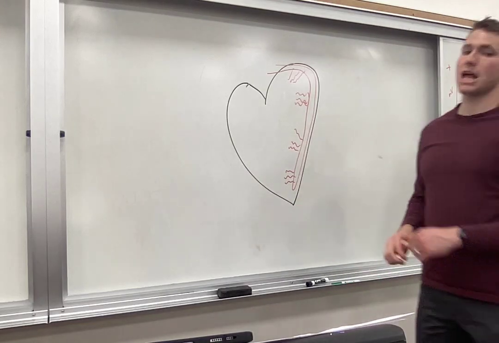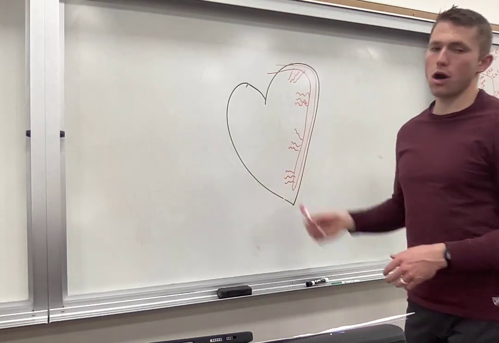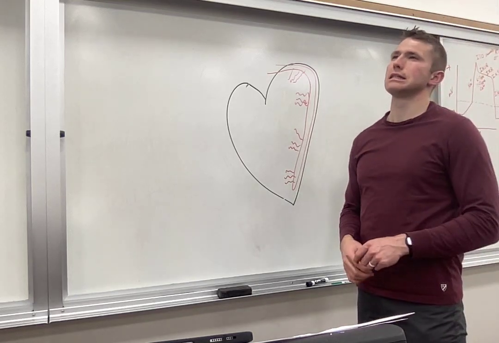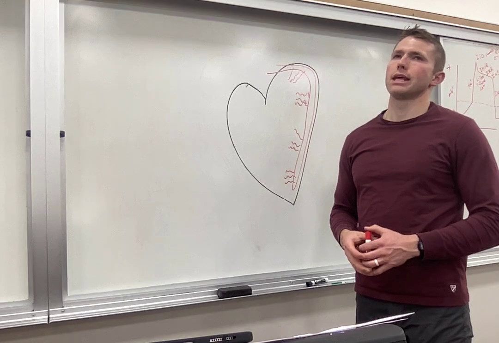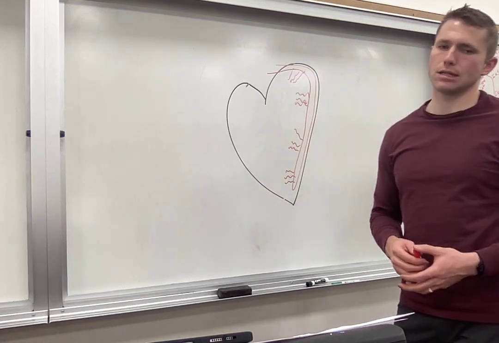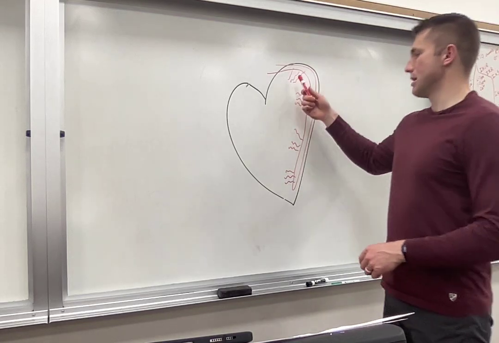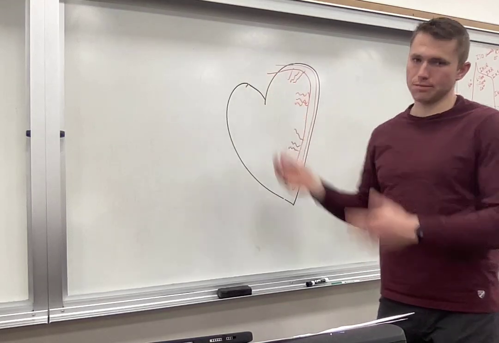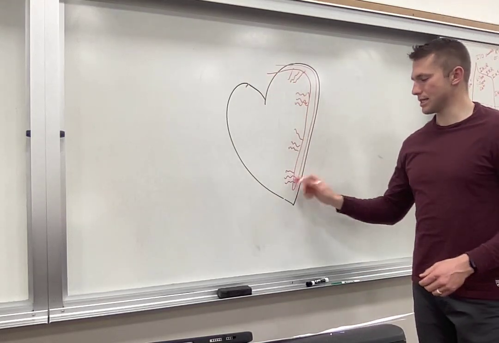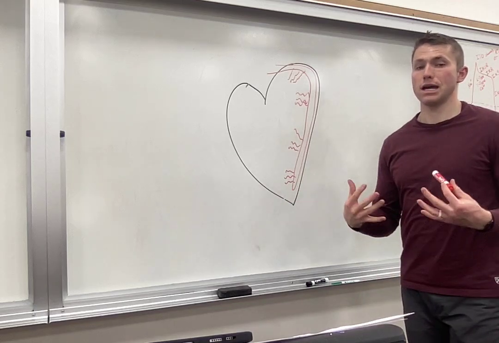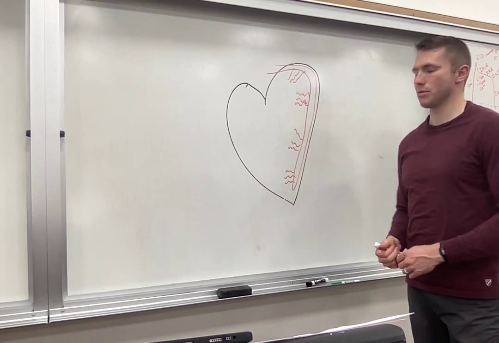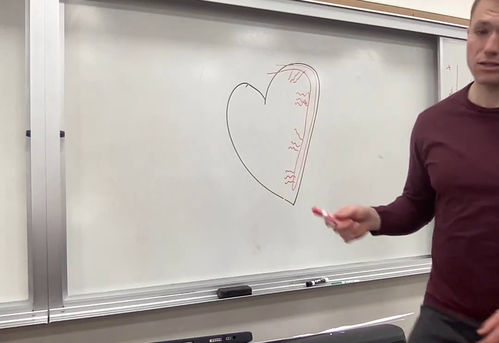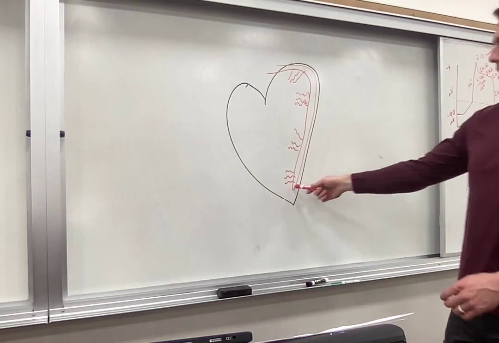Well, the person at the end of the waterway normally gets not dealt with very nicely, often, because it's the farthest away from the water supply, or in this case blood supply, and that means that this is most likely to get problems down the road. And that's what we see, is that down here on the apex of the heart, blood has a hard time getting all the way there sometimes.